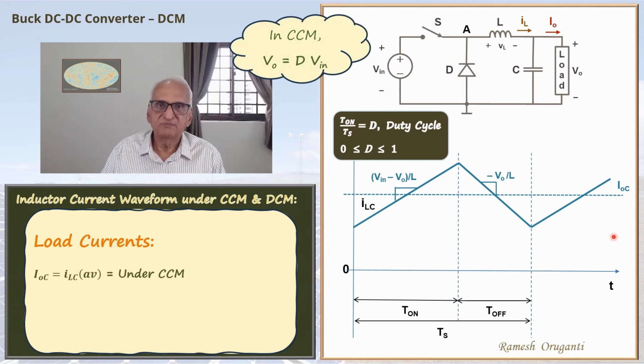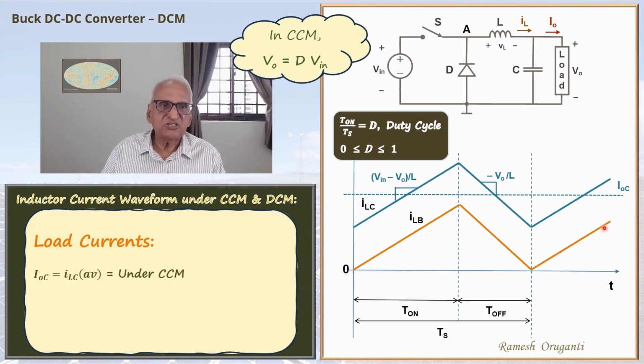As we reduce the load, the output voltage remains the same because output voltage is duty cycle times Vin. As we reduce the current, at some point, the inductor current is just going to return to zero at the end of the T off interval, and then immediately the switch is switched on and the inductor current rises again. This is the boundary operation. The orange curve ILB is the boundary current.